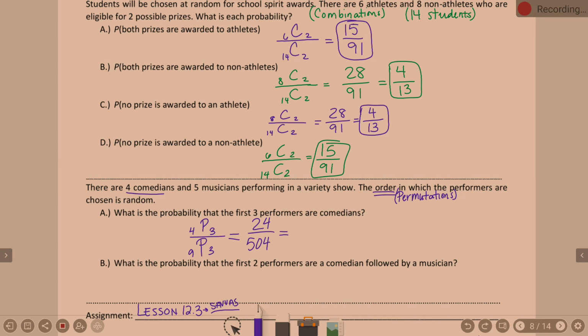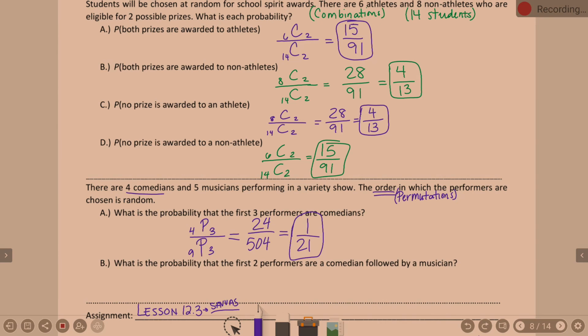Yeah. You get 1 over 21 either way. Interesting. I'm going to have to think about why. Okay, so this is 1 over 21? I'm going to have to think about the why in that. Okay. I'll think about it later.